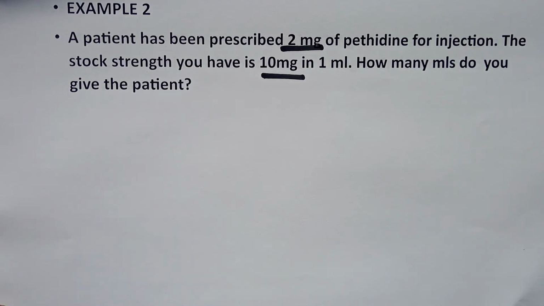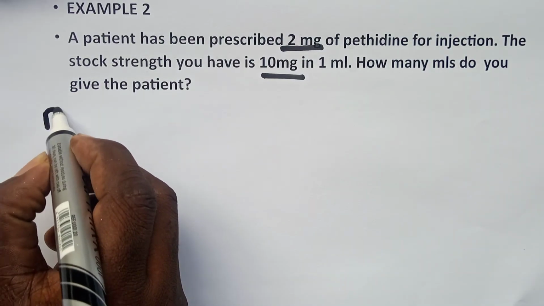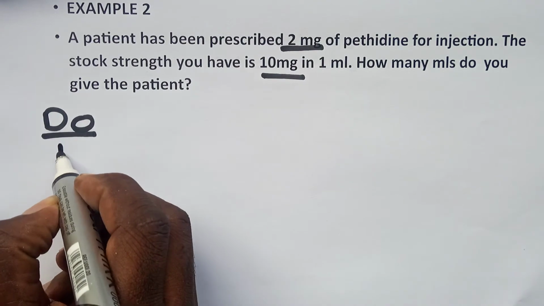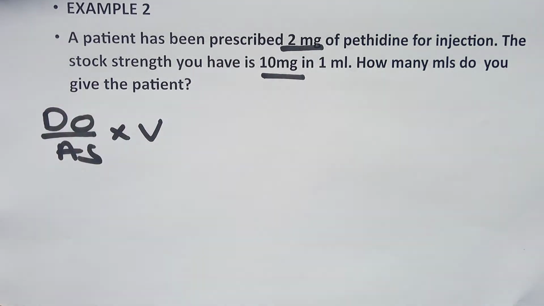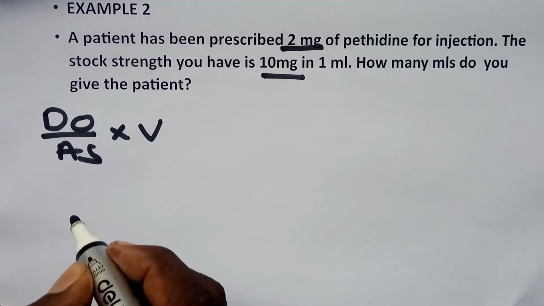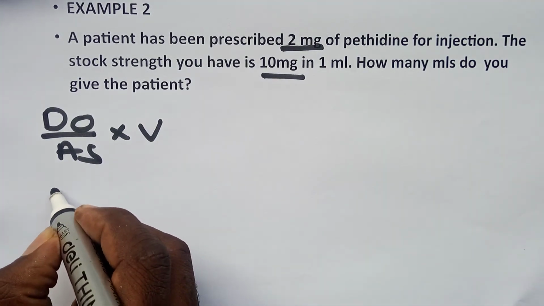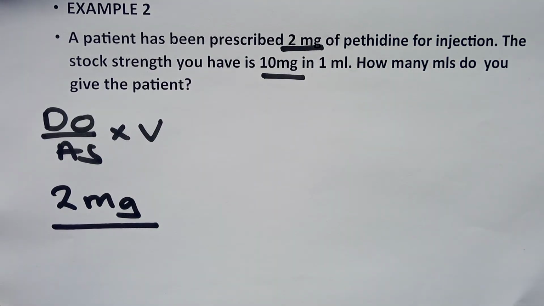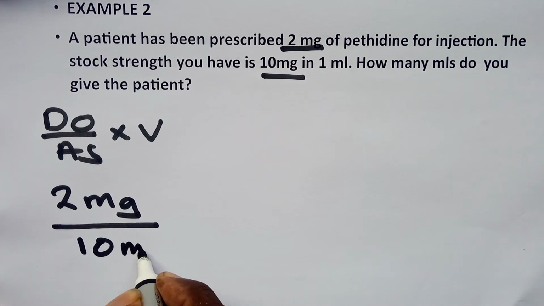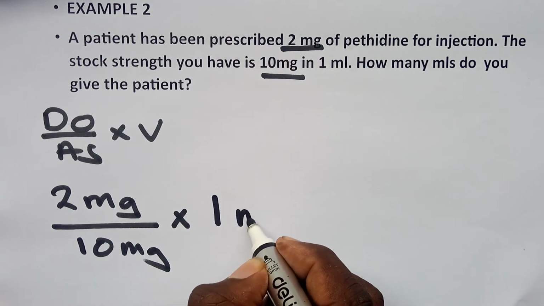Let's write again our formula: doctor's order over the available stock or strength times volume. If we replace our values there, we have 2 milligrams over our available strength, which is 10 milligrams, times volume. Our volume here is 1 mil.